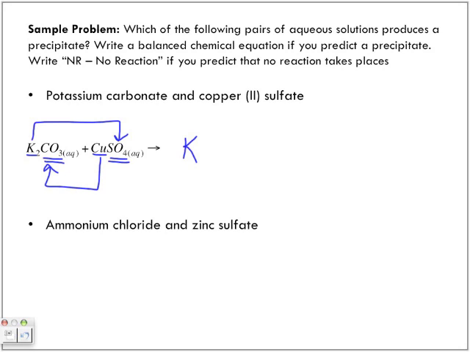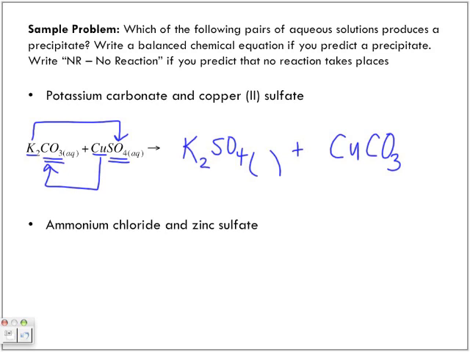So we'll have K2SO4. We don't know if it's aqueous yet, right? Plus, we're just going to put little brackets there so we can designate it in a second. We have the copper 2 that is going to combine with the carbonate, so CuCO3.